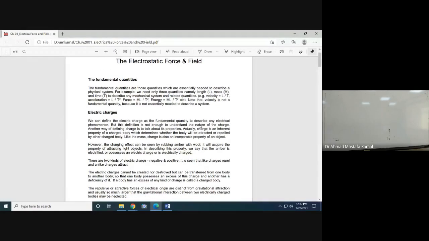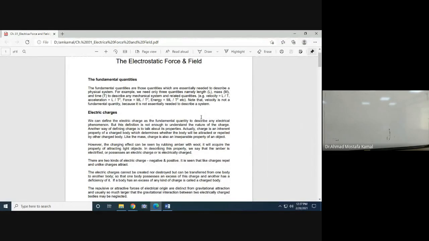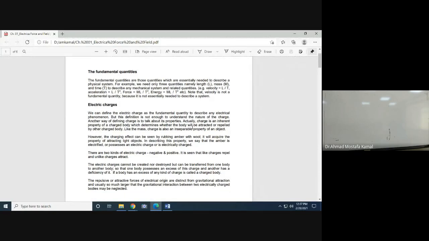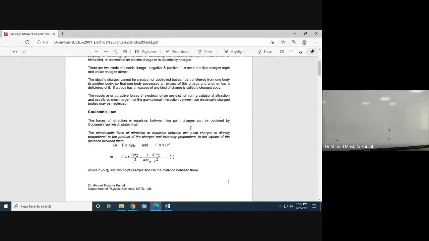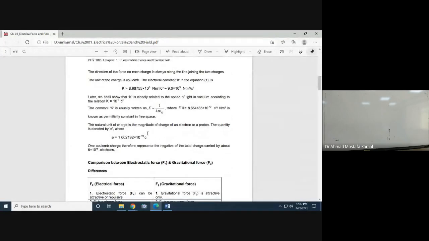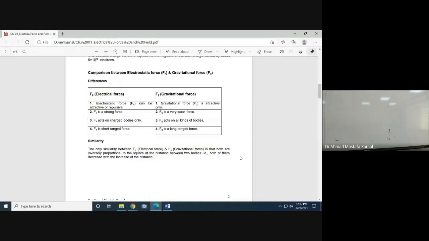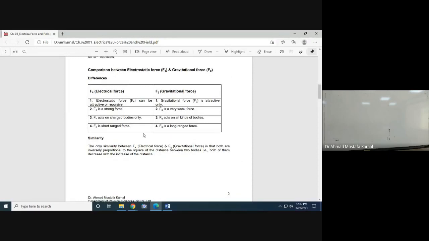Our last two lectures were about the first chapter, electrostatic force and field, and I hope that you could recall that we started with fundamental quantities, then we talked about electric charge and Coulomb's law in detail, and then we compared two fundamental forces, electrical force and gravitational force, with their properties.